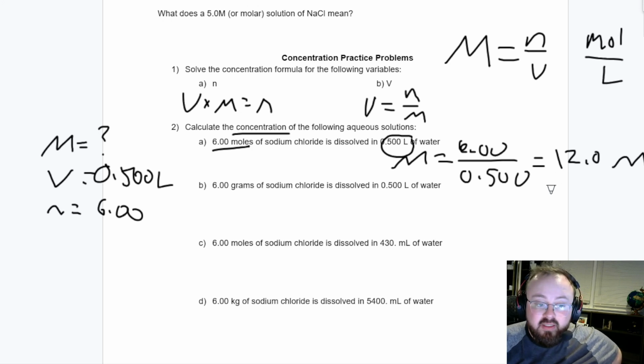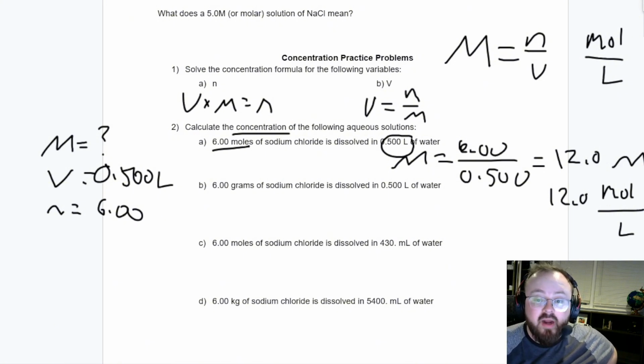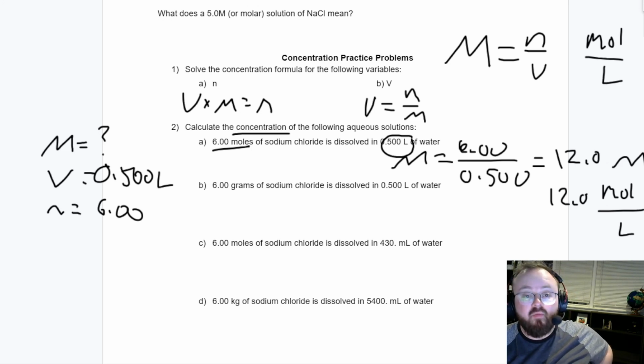If you would also like to, you can use 12.0 moles per liter. Those are the same thing. I will probably use the capital M to talk about molar, but it's 12.0 moles per liter. It's the same thing as 12.0 molar. It's how we say things.